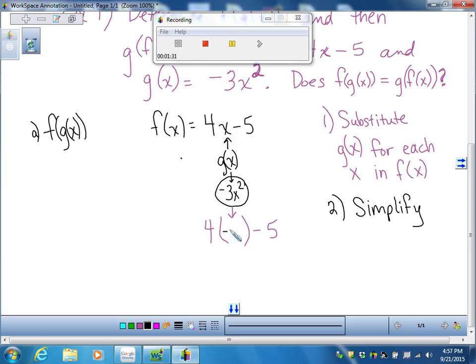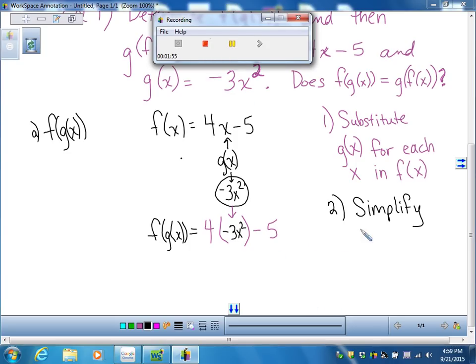So into those parentheses I'm going to plug negative 3x squared, and then after I've done that I'm going to simplify. So f of g of x so far is equal to 4 times negative 3x squared minus 5. Go ahead and pause so that you can get this written down.